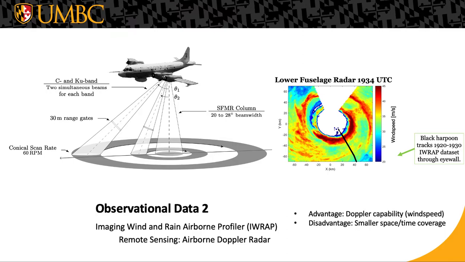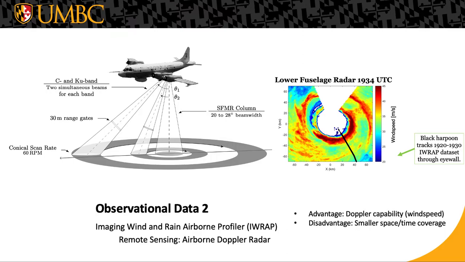So the second observational data set is IWRAP, Imaging Wind and Rain Airborne Profiler. The figure on the left shows the measurement geometry of the conically scanning IWRAP and nadir viewing SFMR instruments on the NOAA P3. We aren't going to, in this talk, focus so much on the SFMR. We're only going to focus on the IWRAP data.